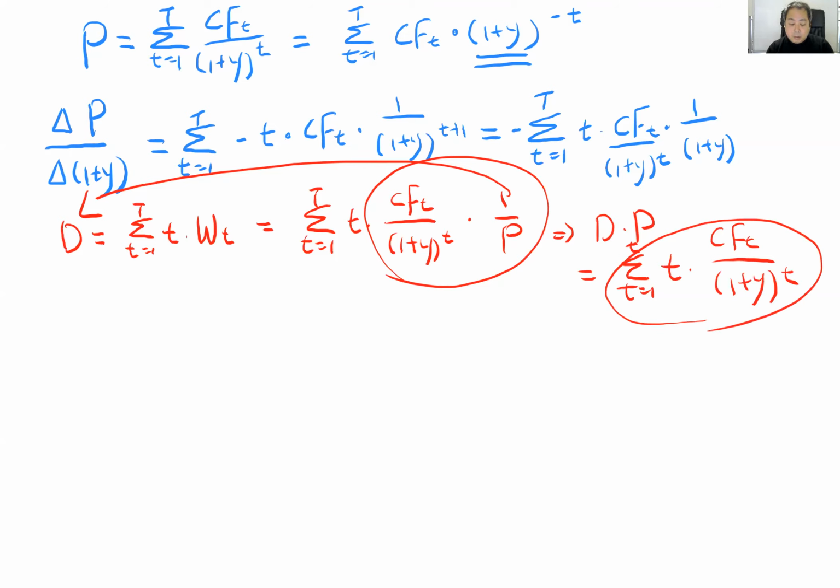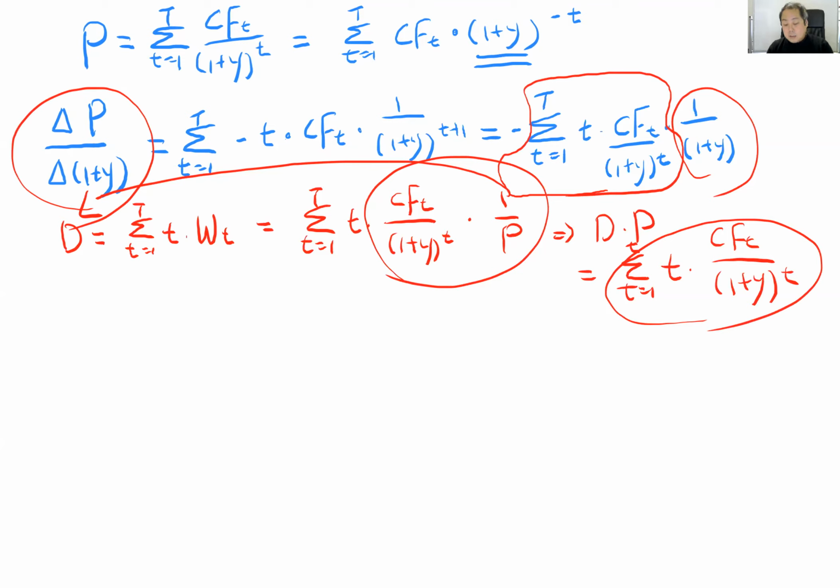Now let's go back to the first one, this one, and these terms can be found here. Because this 1 over (1 plus y) is constant, you can take it out.